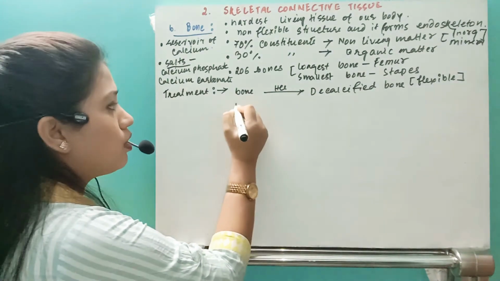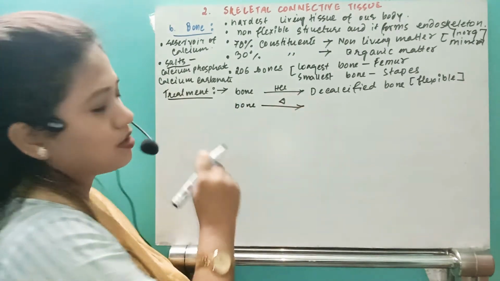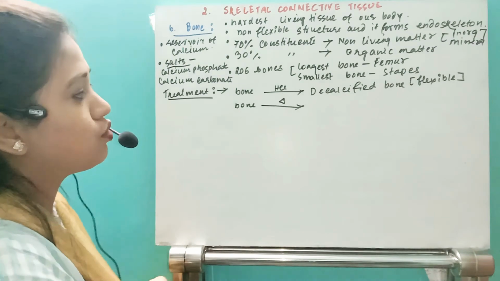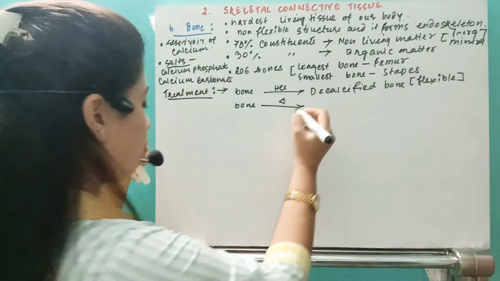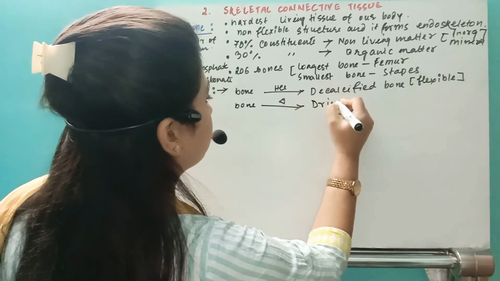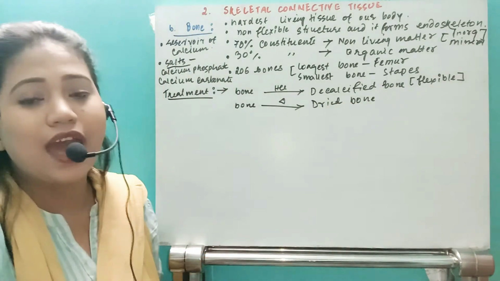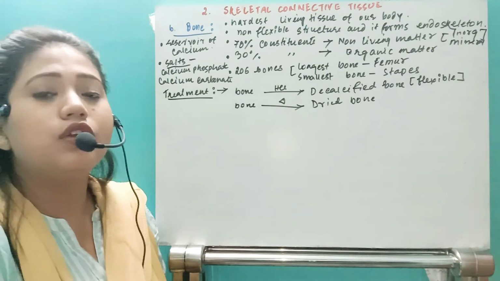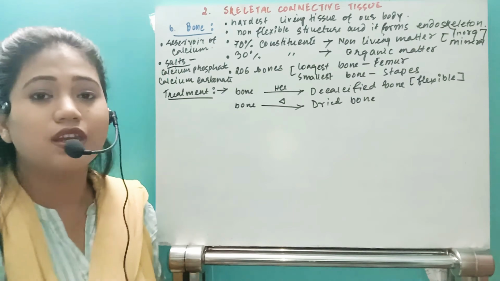Now, suppose a bone is subjected to high temperature, then this bone will be known as dried bone. In case of dried bone, you will not be able to find the organic compounds and the living cells.